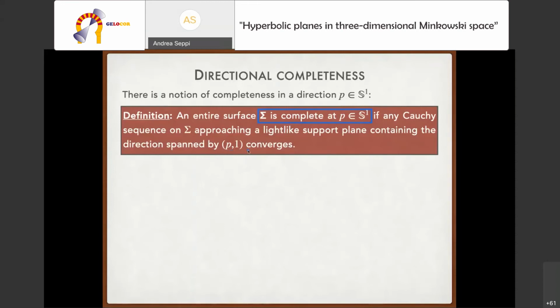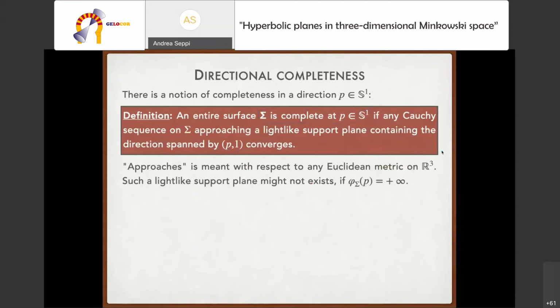So basically this means that there are no diverging Cauchy sequences that approach a light-like plane directed by the point P. And here approach means with respect to any Euclidean topology. So fix any scalar product on R3, and the sequence is approaching with respect to the Euclidean distance, in a very Euclidean sense.